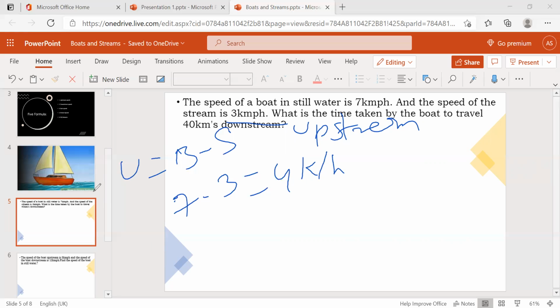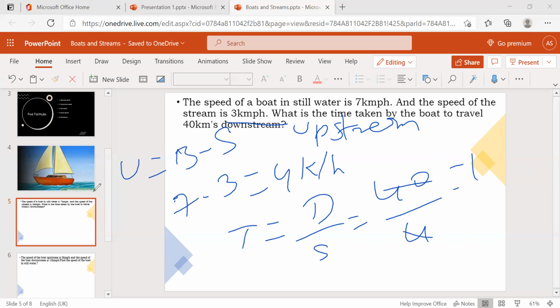Now, time equals distance by speed. What is the distance? 40 kilometers. And what's the speed? The upstream speed is 4 kilometers per hour. It will take 10 hours.